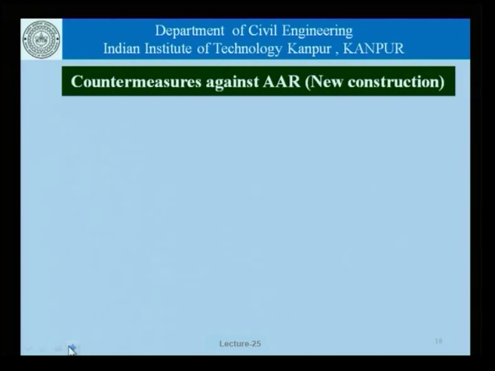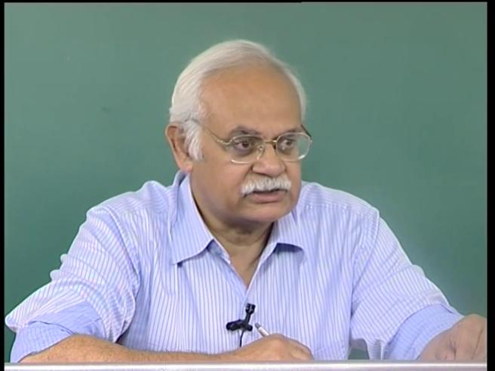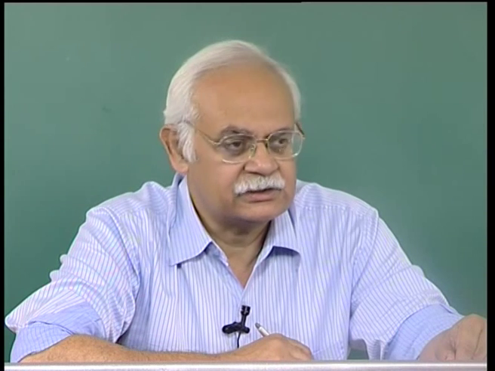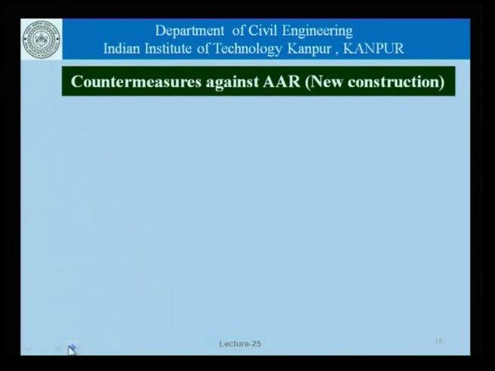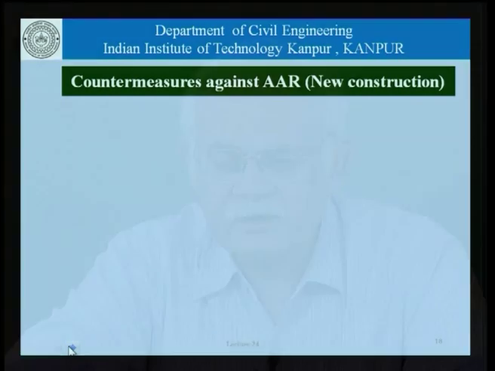With this now, we come to the last part of the discussion on alkali aggregate reaction, which deals with countermeasures against this phenomenon or this mechanism of deterioration as far as new structures or new construction is concerned. We will try to deal with this problem of countermeasures against the alkali aggregate reaction at two levels.